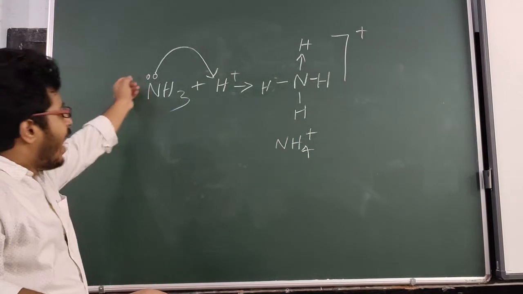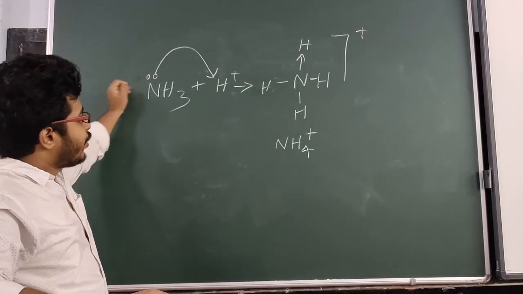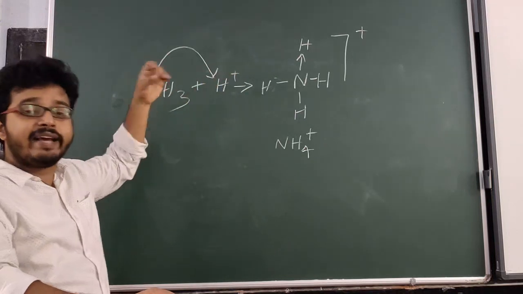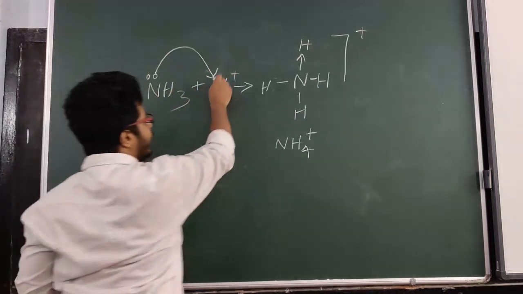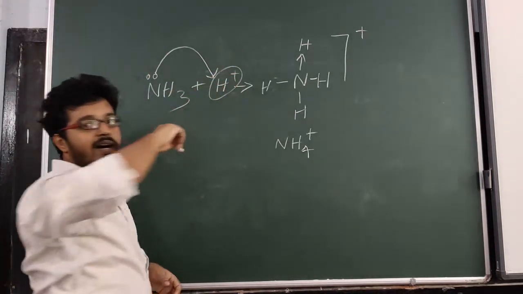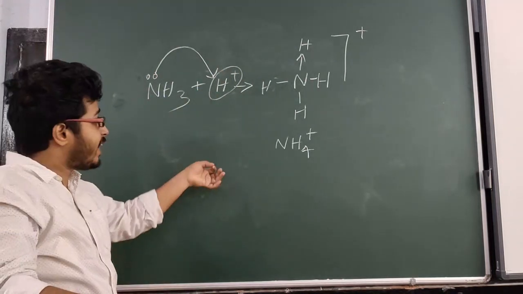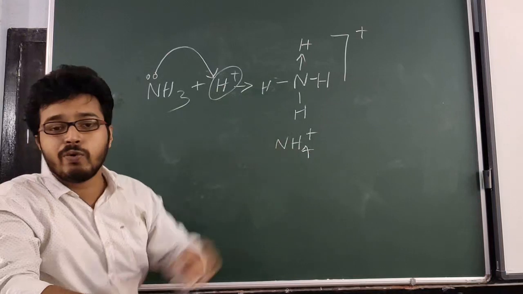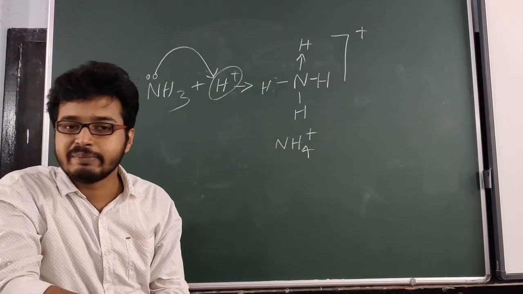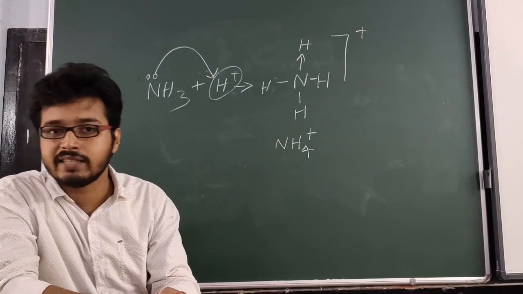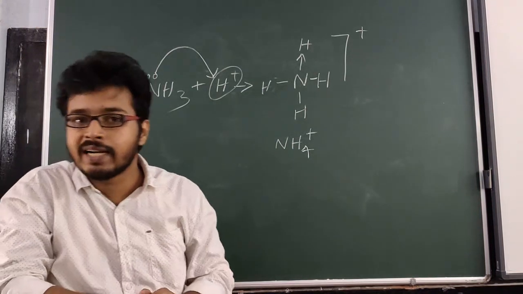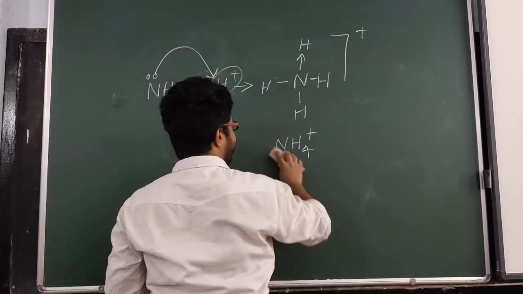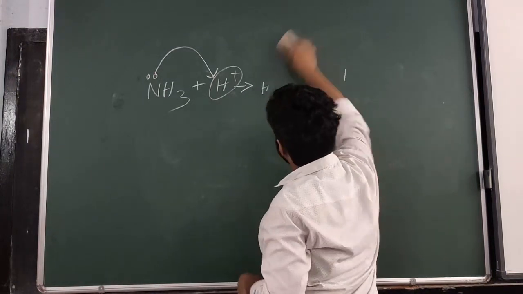Okay, so ammonia can donate the lone pair to H plus. In other words, ammonia can take up one H plus, or one proton, to form a different species. So it is something that can remove H plus ions from water, so it is considered a base.